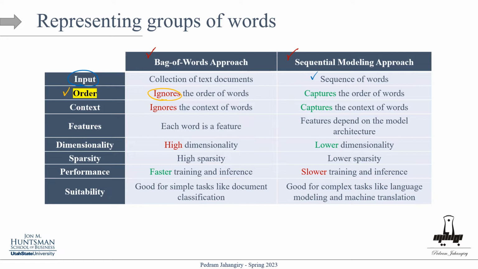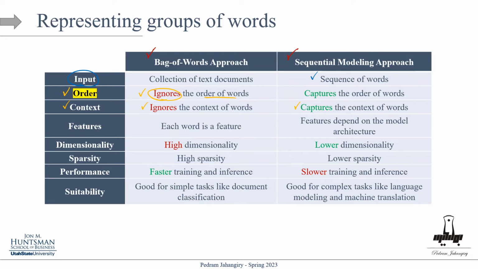So when we say it ignores the order of words, remember it ignores the order for longer sentences. If you're talking about local ordering, like n equal to 2 or 3, we can do n-grams, and it will incorporate those short-span orders. Context-wise, the bag of words is going to ignore the context of a word, because that's the nature of it. A sequential model is going to capture that because it preserves the ordering.